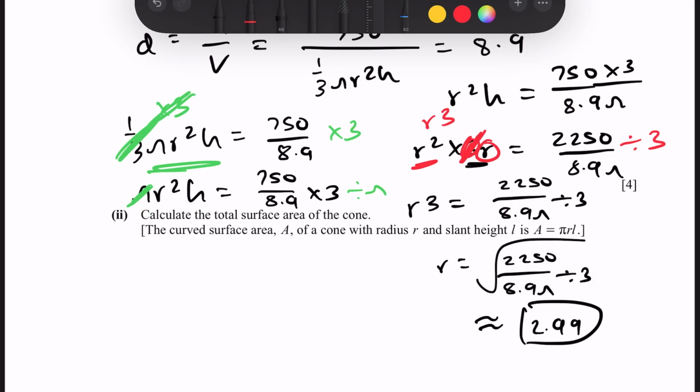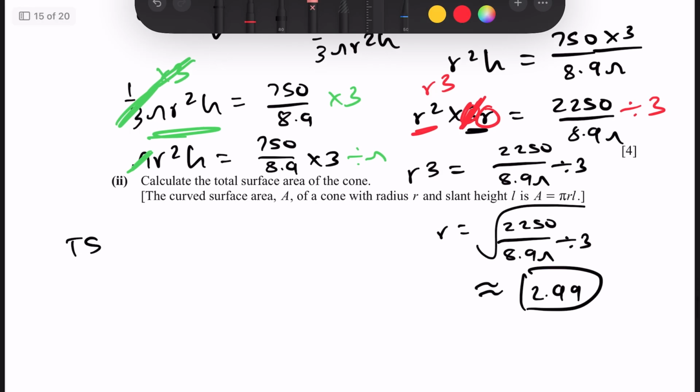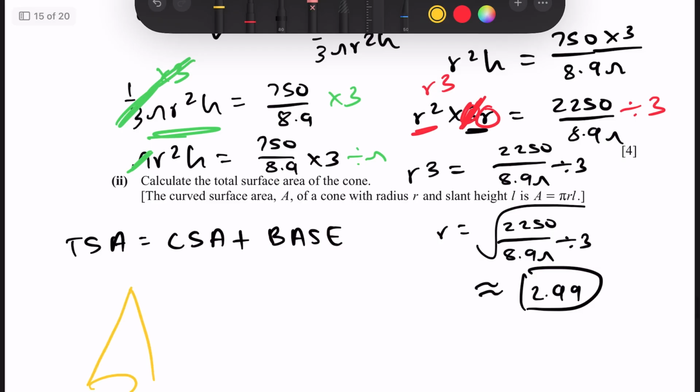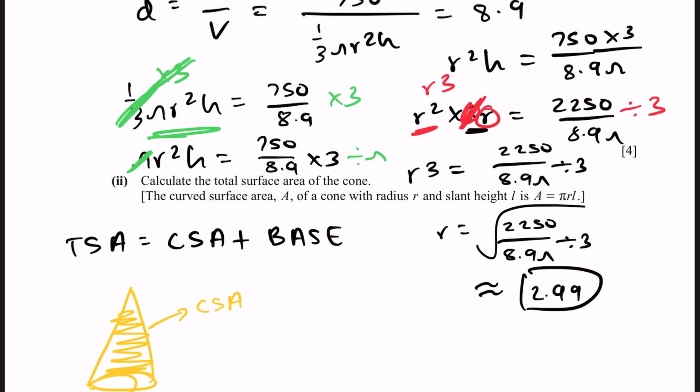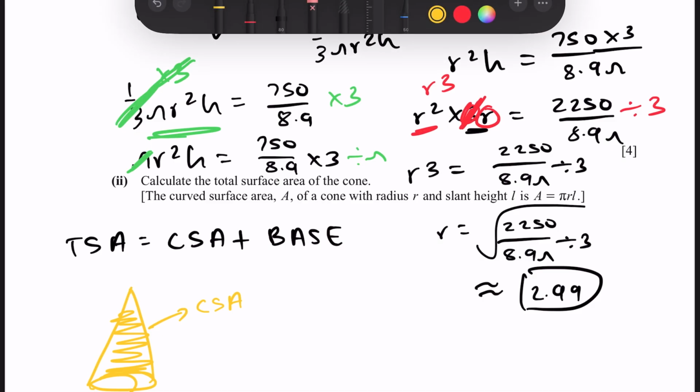Now it says to calculate the total surface area of the cone. Now the total surface area is equal to the curved surface area plus the base of the cone. Since if we draw a model of the cone over here, the curved surface area is the area of this rounded part over here, and this is the CSA, and the base is this area of the circle at the bottom.